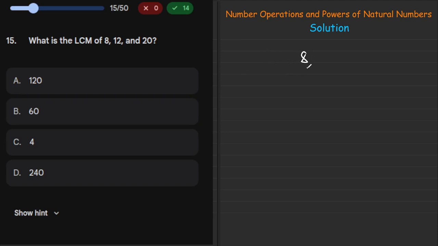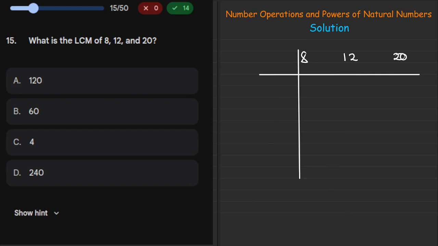So we have our 8, 12, and then 20. And all we want to do is to divide. So this is the table method.